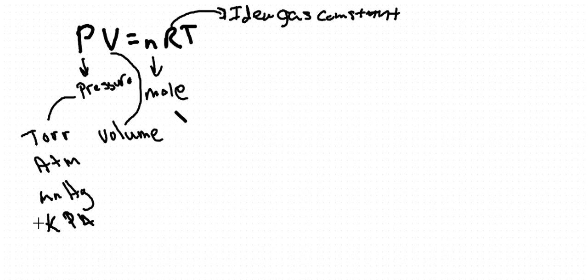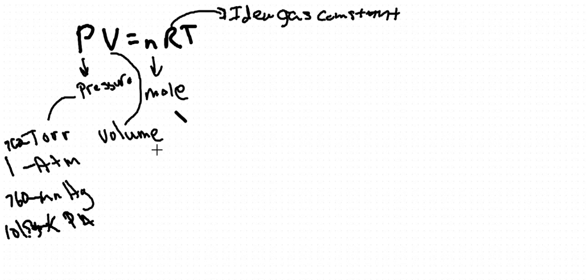So I might as well give you the numbers. This is 101.3 kPa. ATM is always 1, right? ATM is 1. Torr is 760, and so is millimeters of mercury. Both of those are 760.